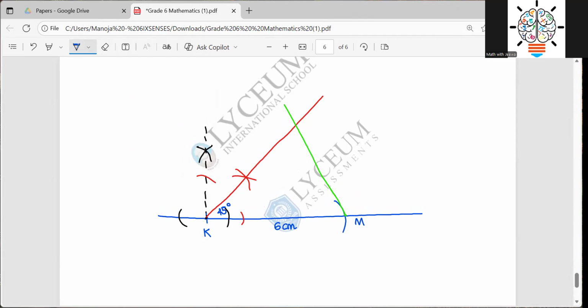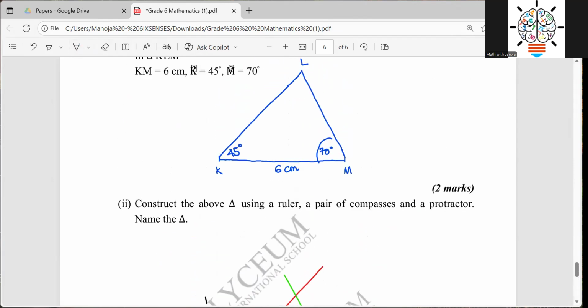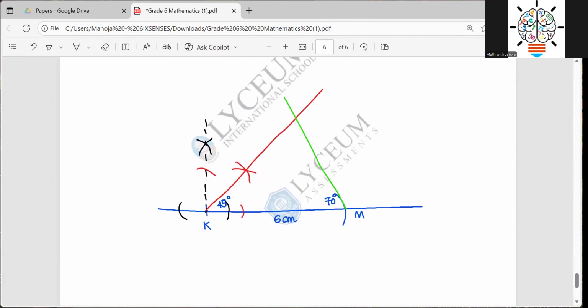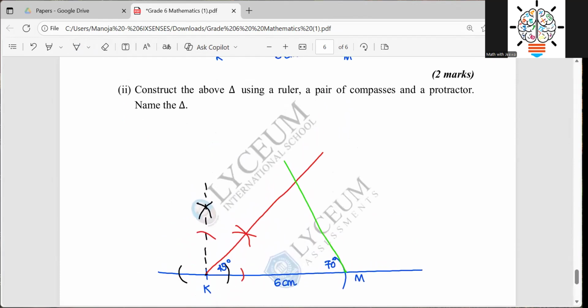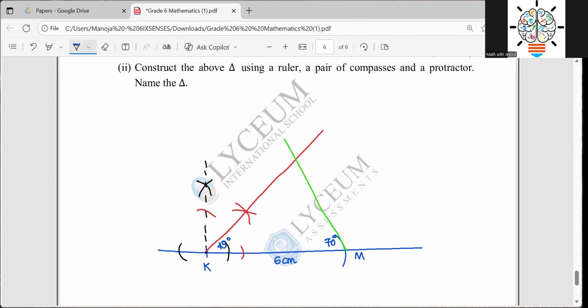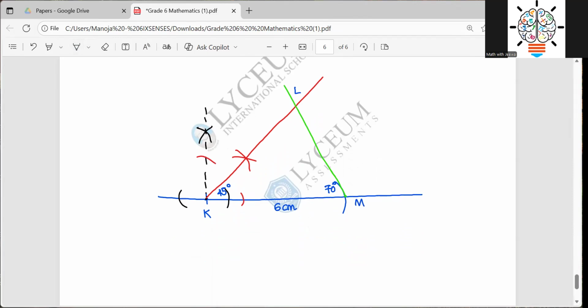This will be 70 degrees. Is it 70? I want to double check. Yes, it is 70, 45 and 70, right? And construct the above using a ruler, pair of compasses and protractor and name the triangle. So then here you can write L, K, L, M, and you get the marks according to these arcs, right?